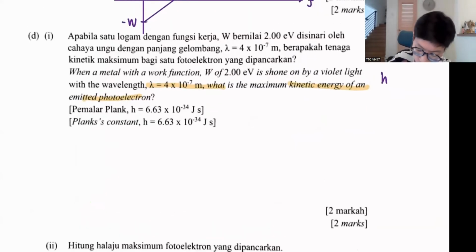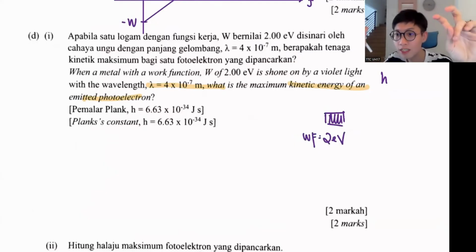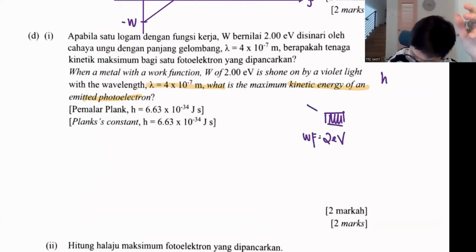Here are two problems. Number one, we have to know all the terms first. Work function 2 eV is the work function, which in Jung Hao style is called the price tag. What goes in is my hf.